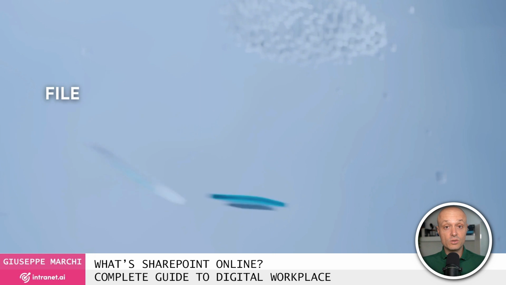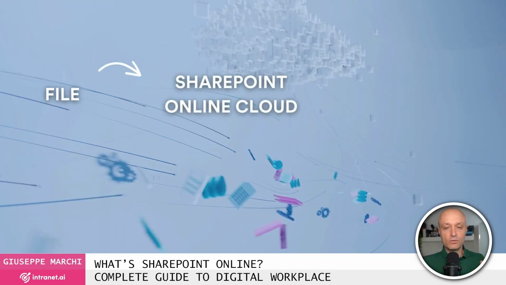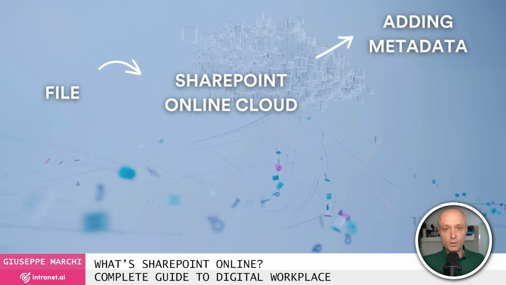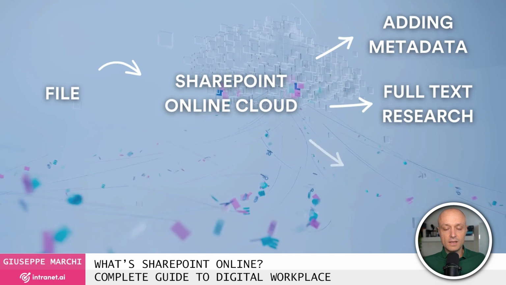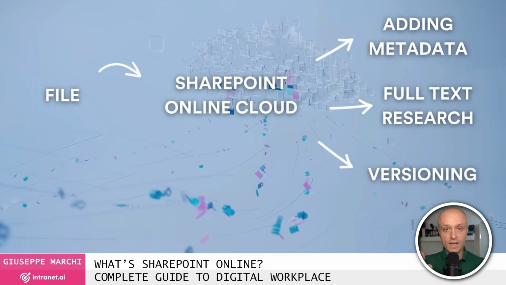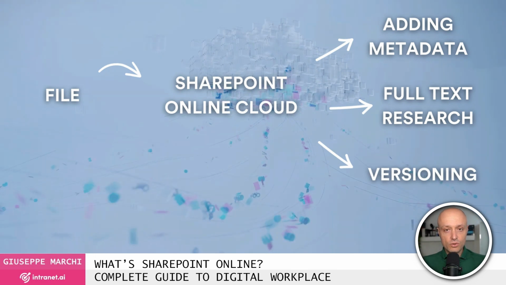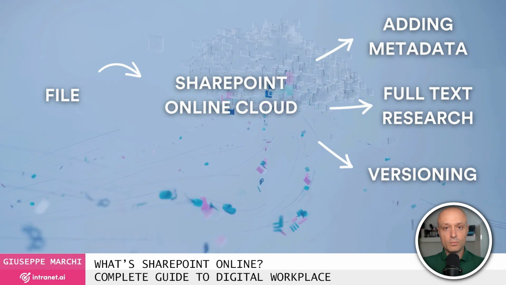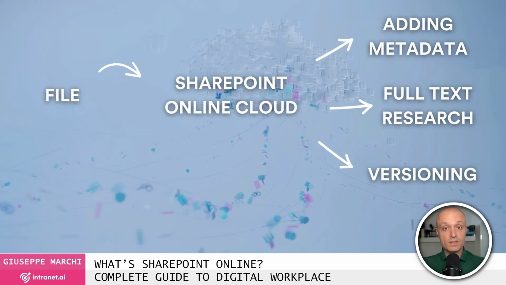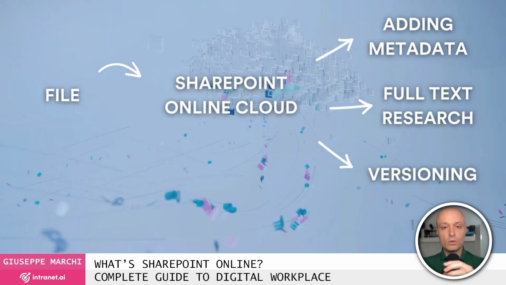I can save a document to the cloud in SharePoint Online and take advantage of a range of features to categorize the document with metadata, something not possible with computer folders. I can search for the document using full text search functionality, which means the search key I use is also used to search within the content of the documents themselves, applying to both PDF files and all files in the Office package. Additionally, it is possible to manage document versions.